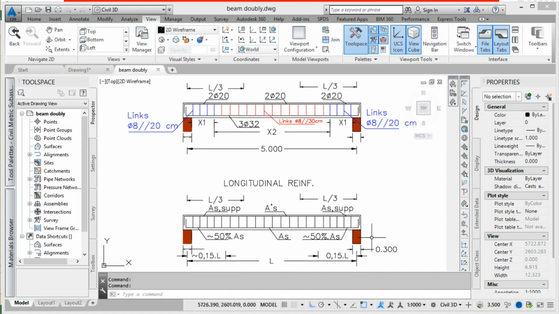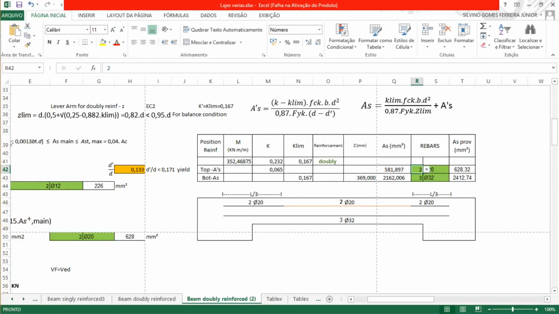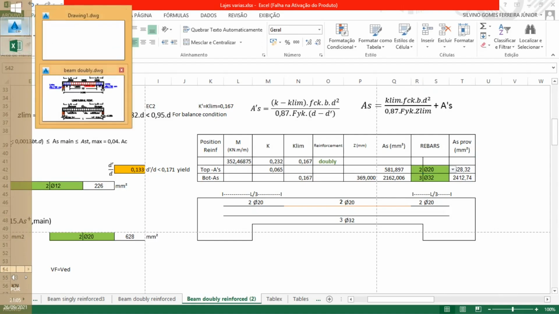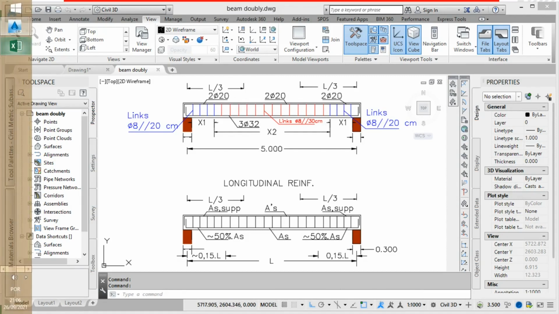Here on the top, the area of sectional steel that we calculated was 2 diameters of 20 on the top, 2 diameters of 20 here. Okay, and close to the supports we need reinforcement that was given. We adopted to extend these 2 diameter of 20.